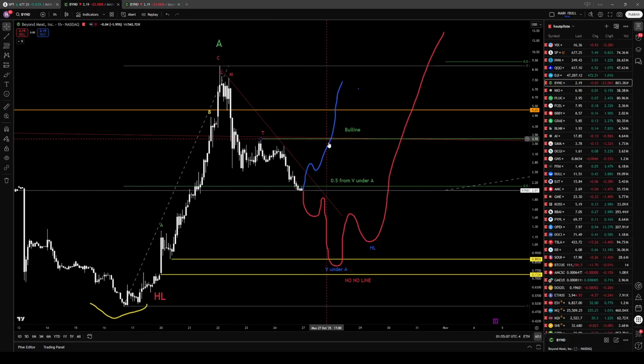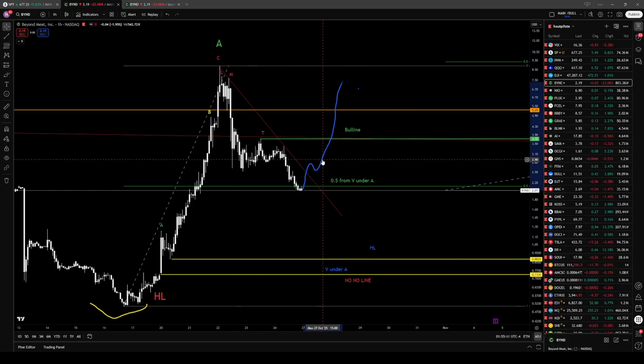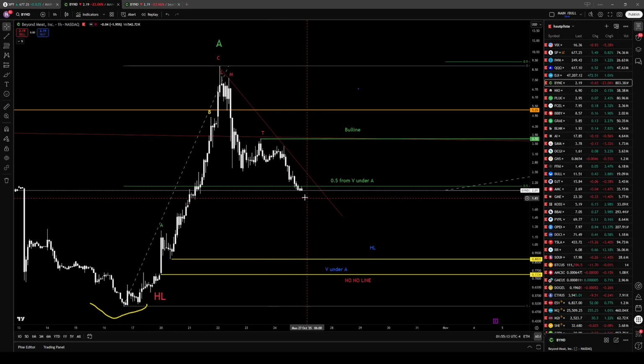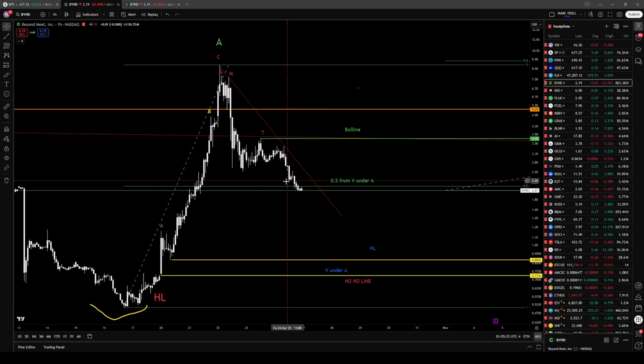For this, I would say we are at the point where we bounce right now, because this line here is from all-time low to our A peak, the 0.5. And let's see what happens Monday, but it could look like we are already in the bounce.